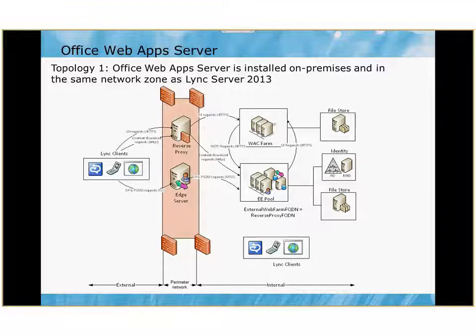The reverse proxy will then connect back to the front-end server. The front-end server will have an authentication code that then sends that information to your Office Web App Server, which will then get the actual file information, bring it back over here, and finally render it within a browser so that you can actually see it.